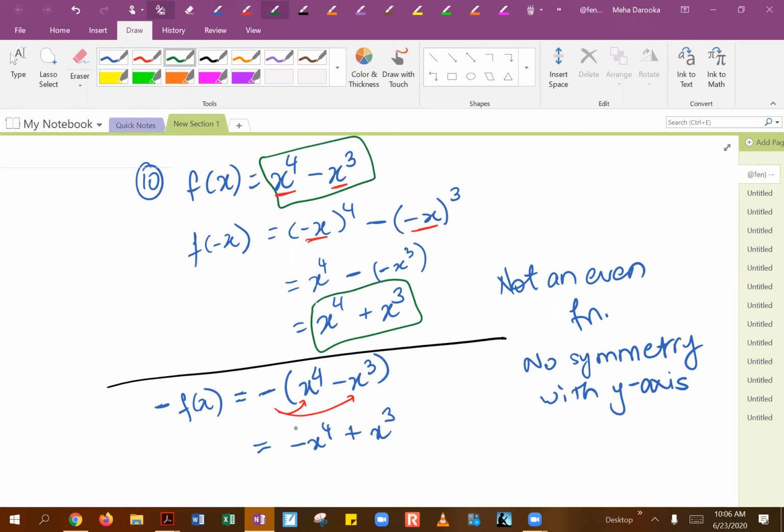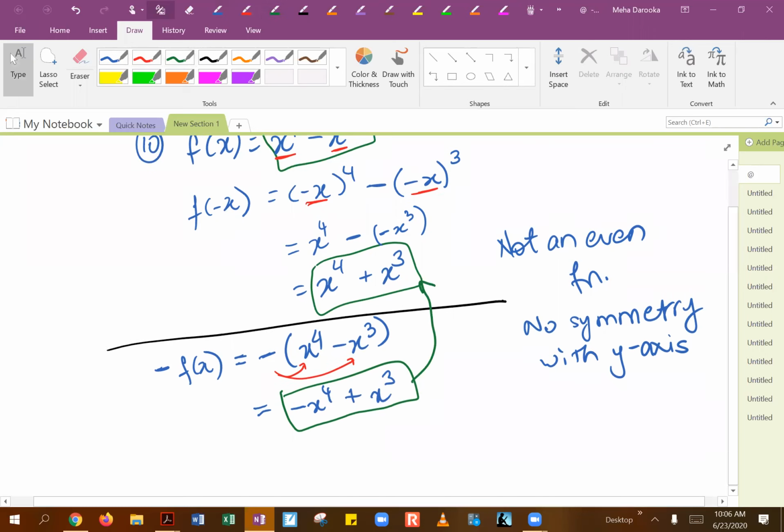And again, we did not get the same result as we have here when we put that negative x in. So we're not even getting a negative of the original function, because then I should have had a negative x to the fourth and positive x to the third.